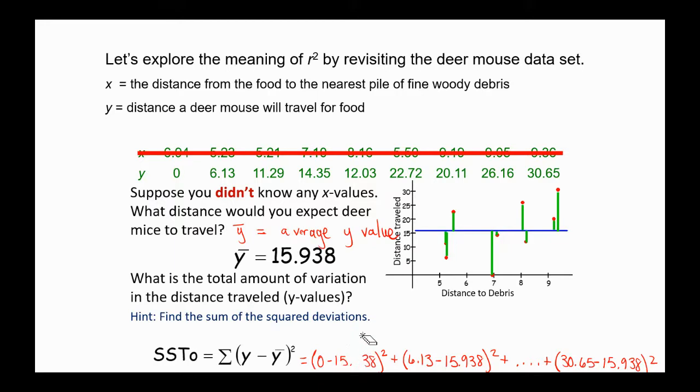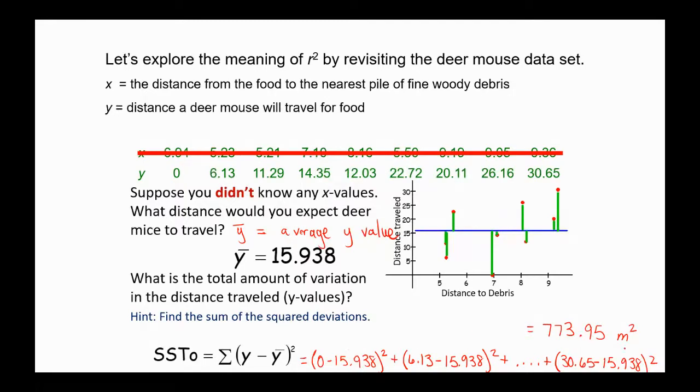I say all of that like it's a lot. It's only what? 9 observations? When we calculate it, we would get 773.95, and then our units would be meters squared because we squared them.